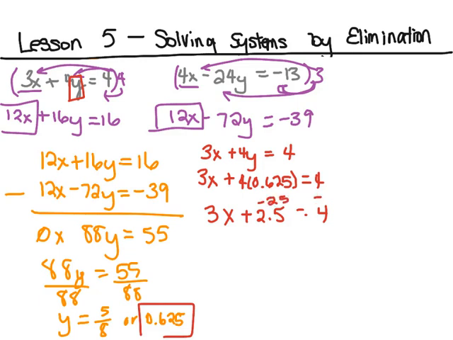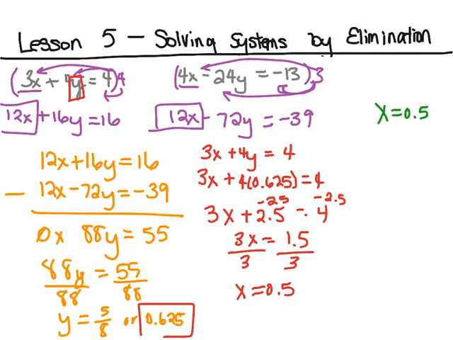Subtract 2.5 from both sides, and you have 3x is equal to 1.5. Divided by 3, and x is equal to 0.5. So x is 0.5, y is 0.625. You could also say a half and 5/8.